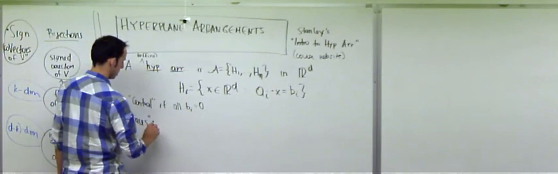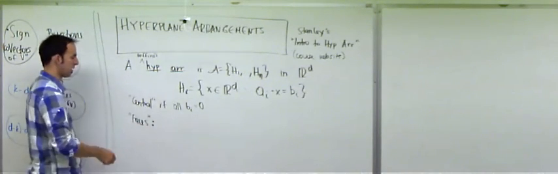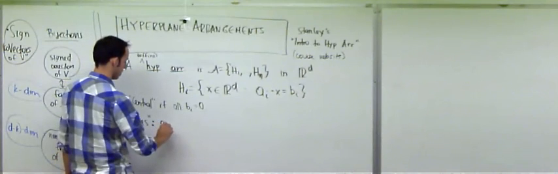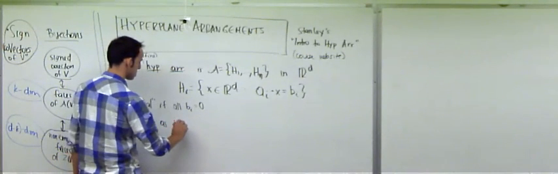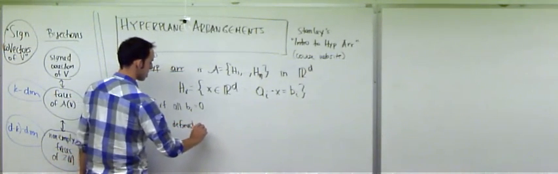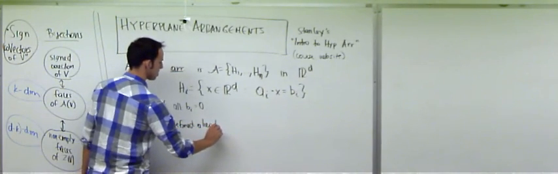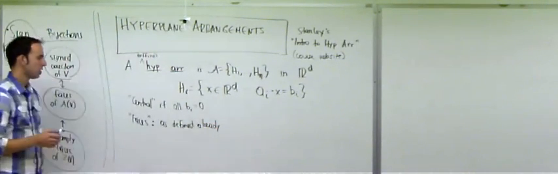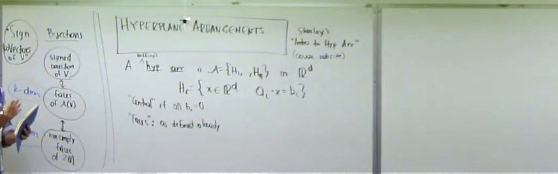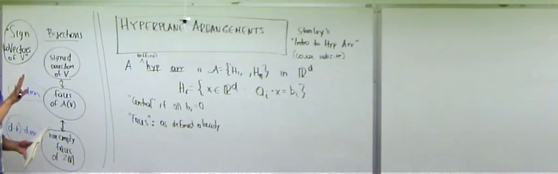So faces, what are faces? Well, I already defined what they are. For each hyperplane, you specify what side of the hyperplane you're on, or you are on the hyperplane.